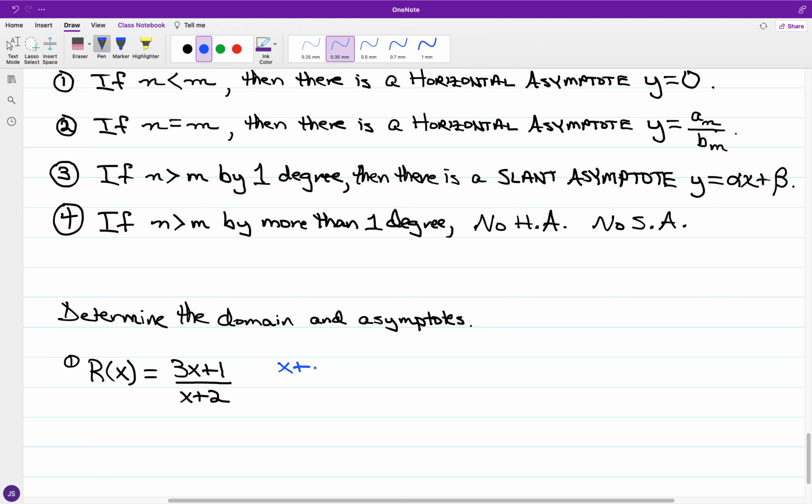So for x plus 2, that cannot be 0. We have that x cannot be negative 2. So for the domain, negative 2 is left out, so what will belong are those values less than negative 2 along with those values of x that will be greater than negative 2.